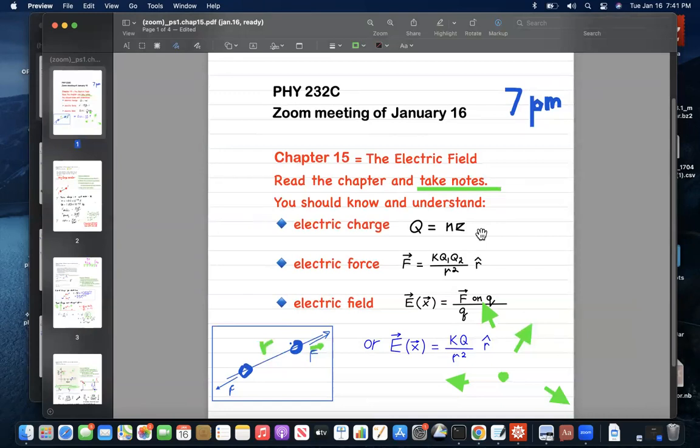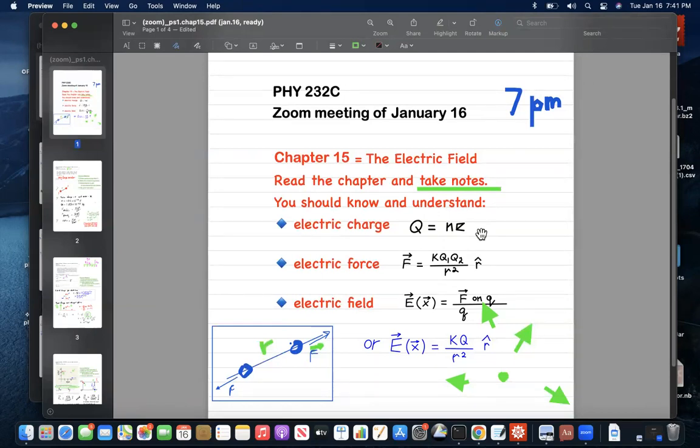That's where e is defined, in table 15.1. Now, there are some elementary particles called quarks, which have fractional charge, but those aren't really part of an atom. Those are parts of the interior of a proton.